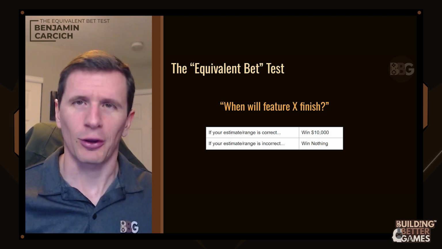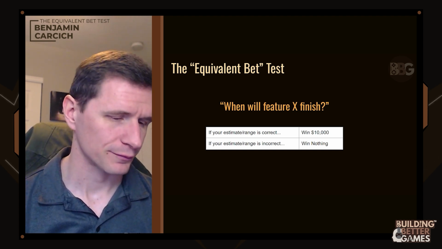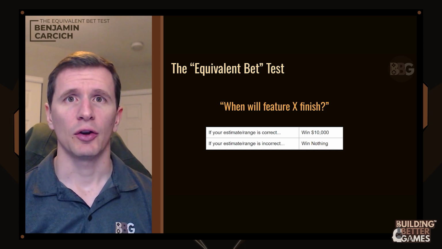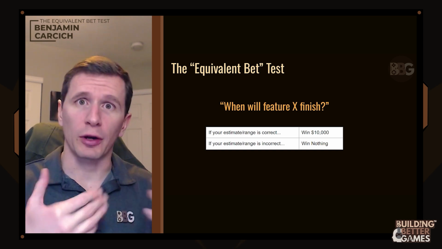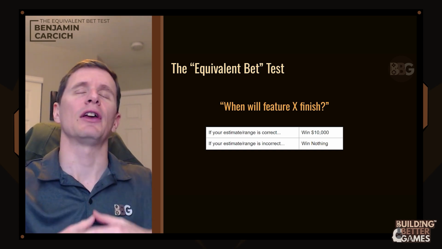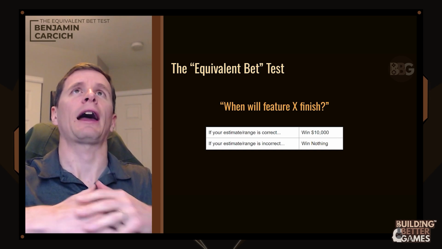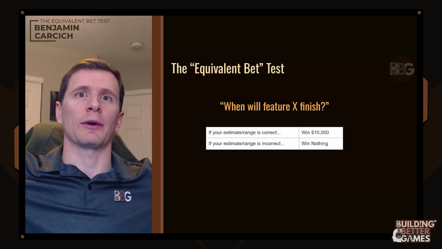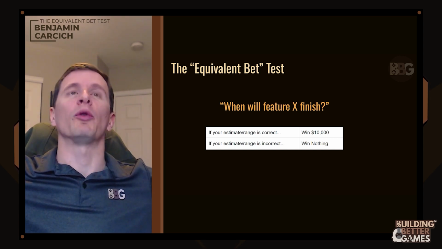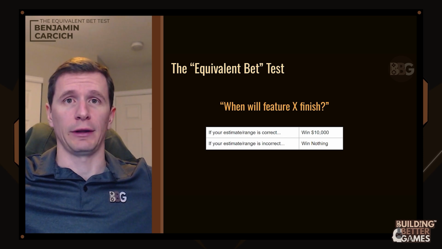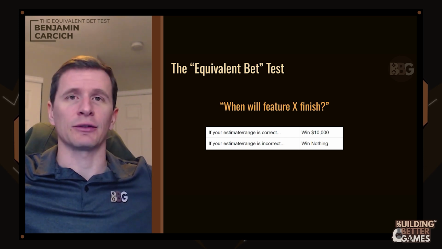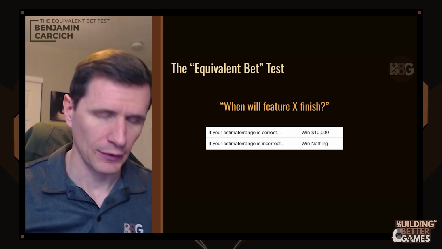And okay, I won my $10,000. What you just did, because you really wanted the $10,000, was say, I definitely want to win, so I'm going to give up almost a 100% confidence interval. Outside of this thing being canceled, I want that $10,000.